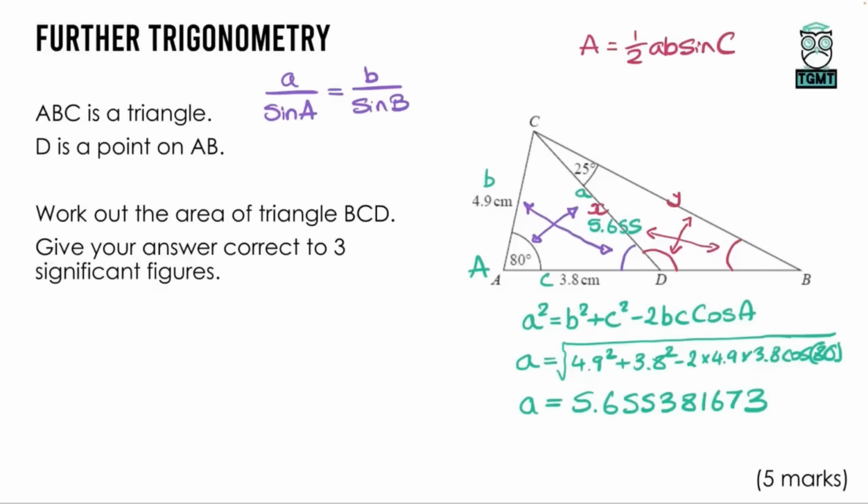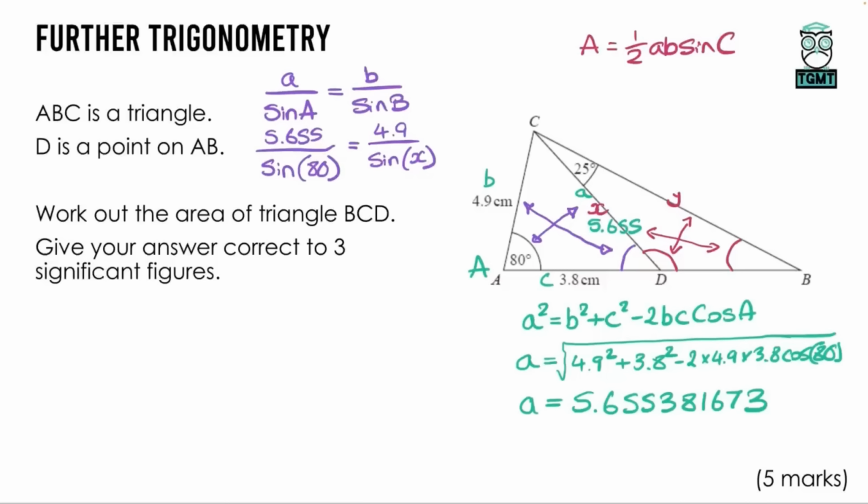So a is our 5.655 number, 5.655 over, and opposite that, our big A is 80, so over sine 80, and that's equal to, b is 4.9, so 4.9 over, and then we don't know the angle. So in this scenario, where we are looking for an angle, we would normally flip the sine rule over, so make sure we have it set up for finding an angle.